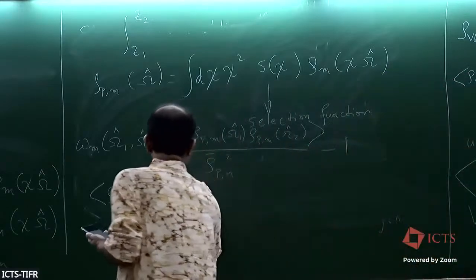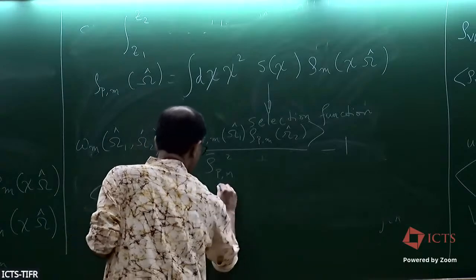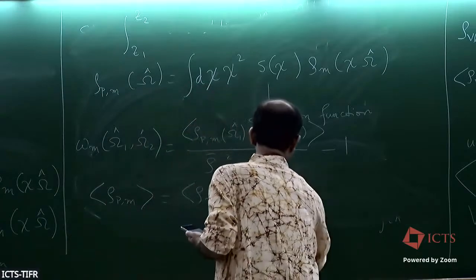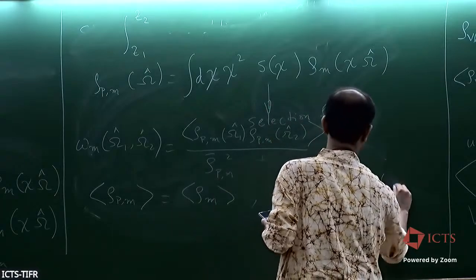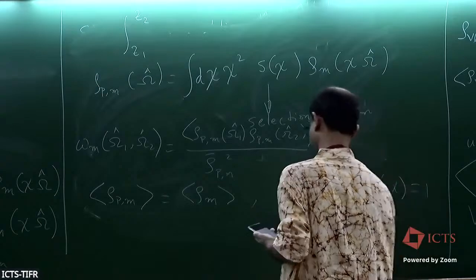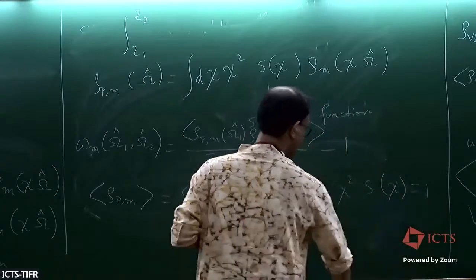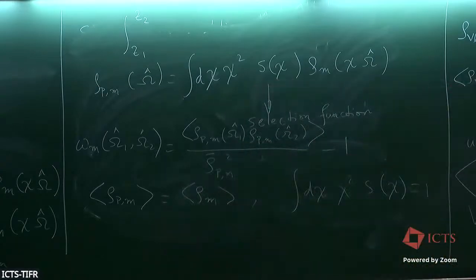So you will end up with rho m, provided the selection function is normalized in a proper way. As long as the selection function is normalized this way, the average projected density will be equal to the true average density at that redshift.